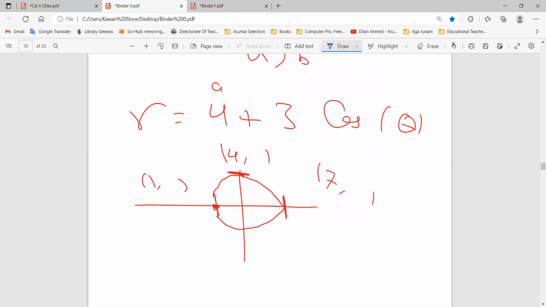So let's start with 4. If cosine of 0, right? So cosine of pi over 2. So how about here? Cosine of pi. So 4 minus 3 equals to 1. Understood? So this is the important point.